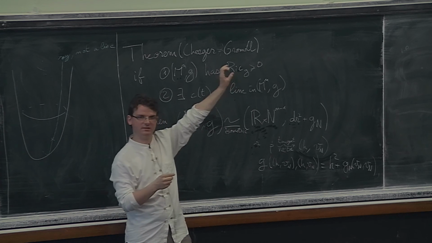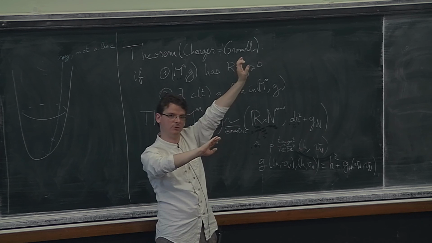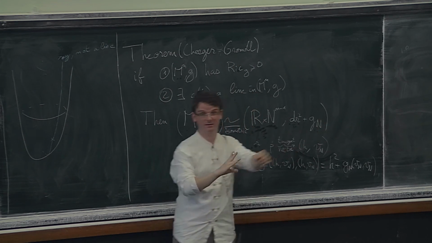More or less the matrix splits. It's block diagonal with a 1 on top left, and then some other stuff which is basically this metric.